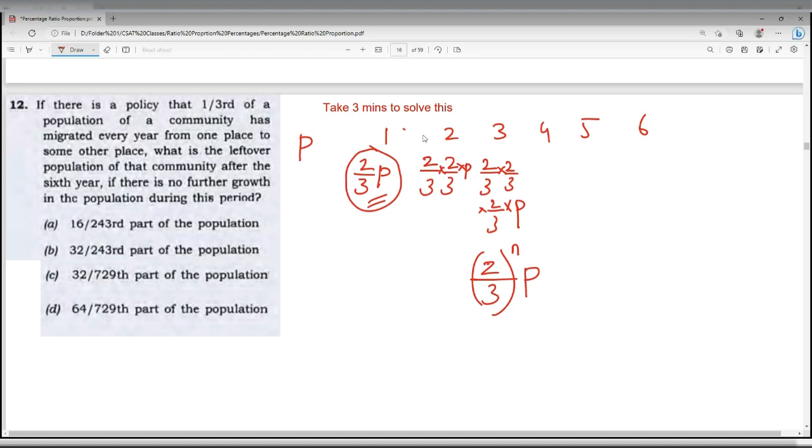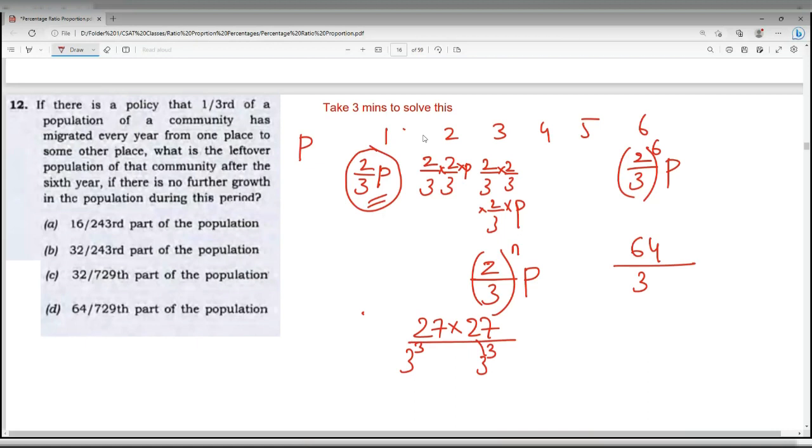In the same way, after the sixth year, this will be 2/3 raised to 6 into P. So 2/3 raised to 6: 2 raised to 6 is 64, and 3 raised to 6 is 3 cube times 3 cube. 3 threes are 9, 9 threes are 27, 27 into 27 gives 729.